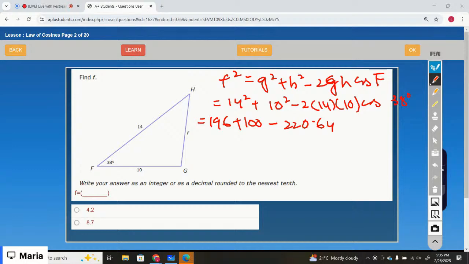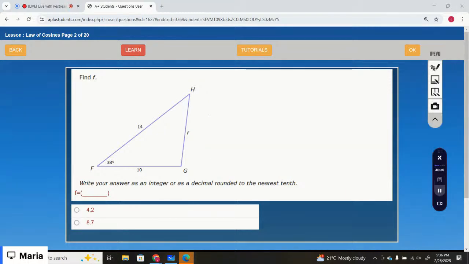So 196 plus 100 is 296. 296 minus 220.64 is 75.36. Square root of 75.36 is 8.7. Option number 2 is the correct option.